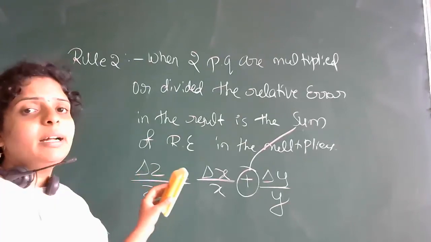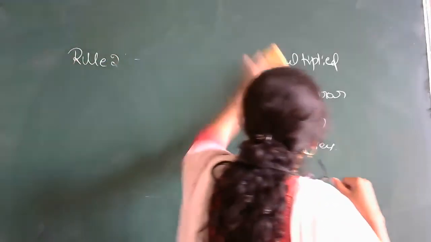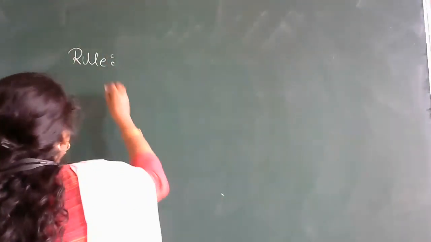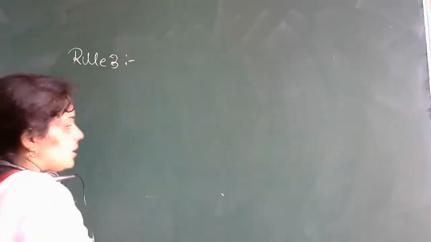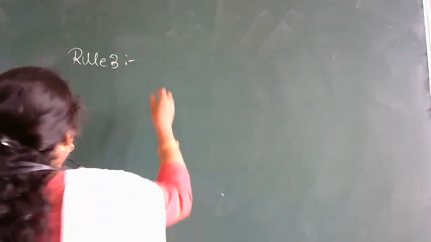So the third rule is, so it is rule 3. So what are we going to write for rule 3? Rule 3 is the relative error.